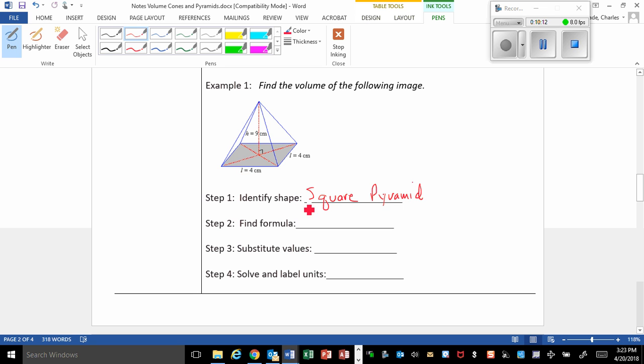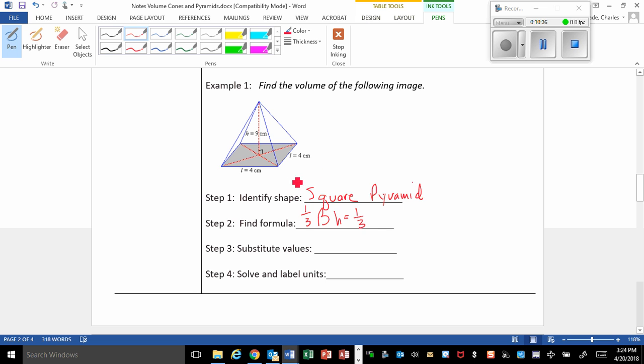So the formula, you can go back up, or look at your formula sheet, you don't have to memorize it: remember, cones and pyramids are a third as large as prisms and cylinders. Big B, area of the base, times the height. But let's rewrite the formula with the shape of the base.